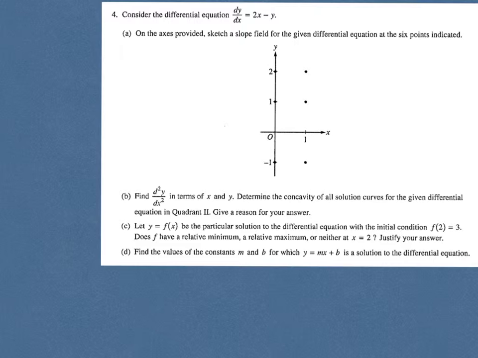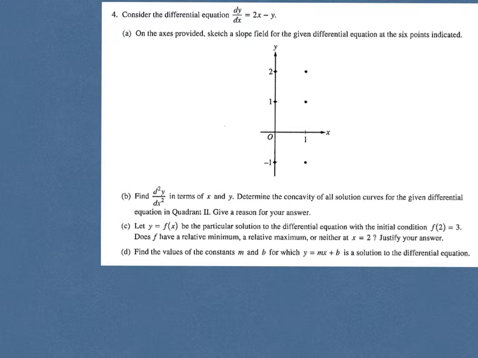On this axis, they're going to want you to sketch a slope field for the given differential equation at the 6 points that are identified. So we have these 2, 4, 5, and 6. Make sure you're careful with those and look at where those are. So you go through and work with that.